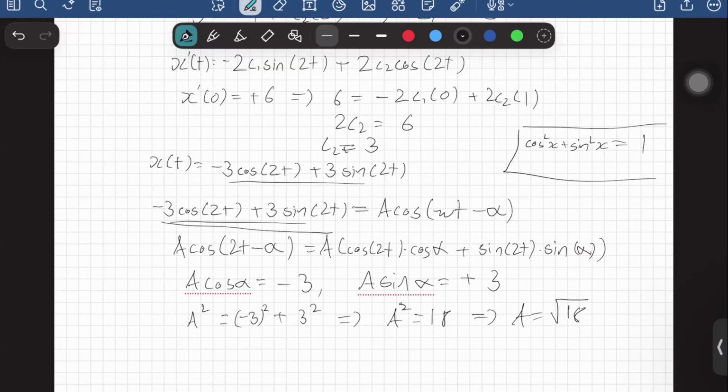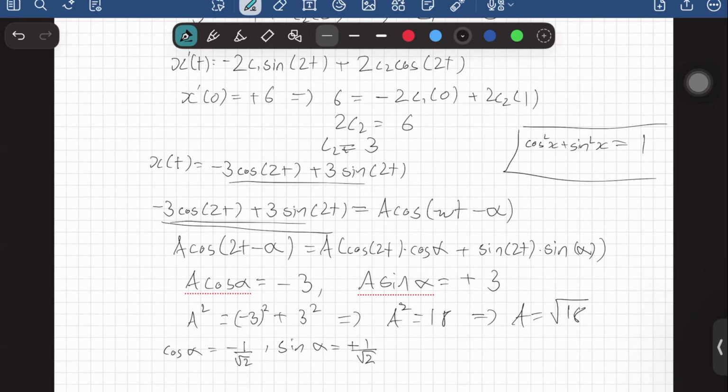And from this, if we just plug the values of a in over here, we can find that cosine of alpha is negative 1 over root 2, and sine of alpha is positive 1 over root 2.